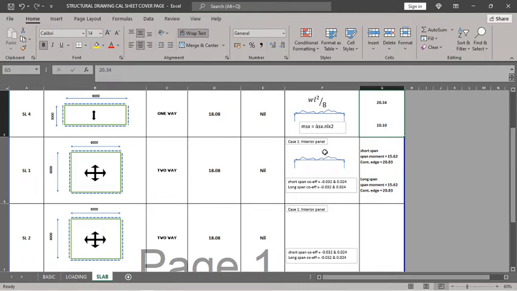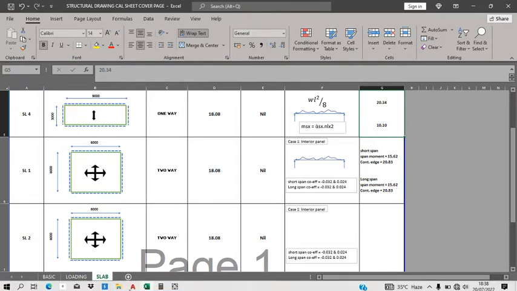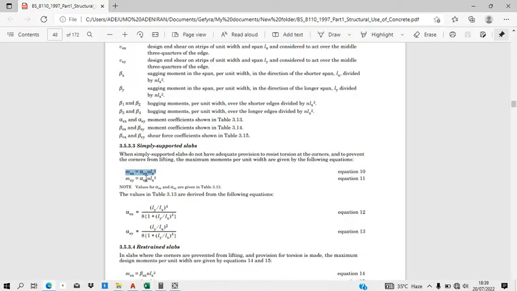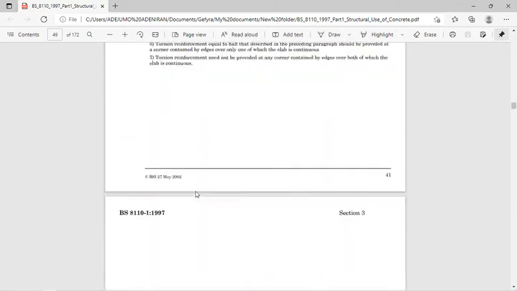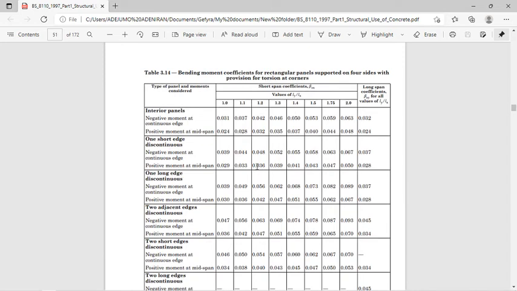So I only compute the moment for slab panel 1, and this is it. The case is interior panel, and from the code, which is table 3.14 interior panel, this is where I got the value from, long span coefficient.